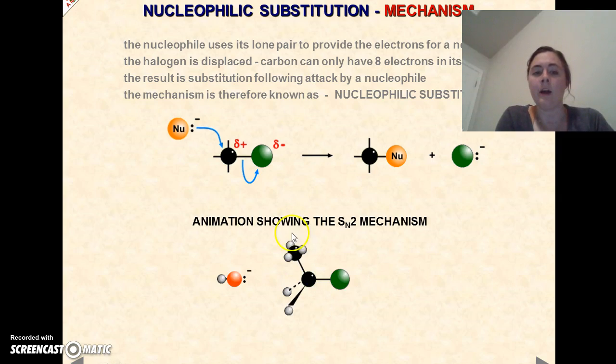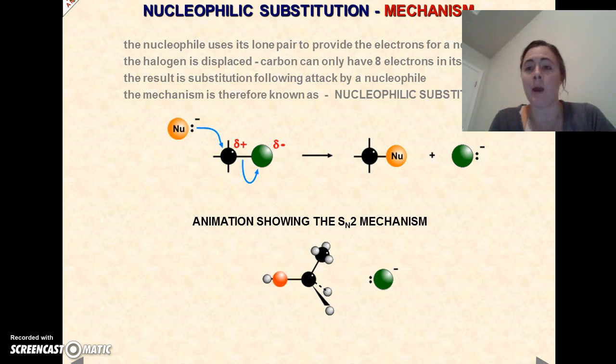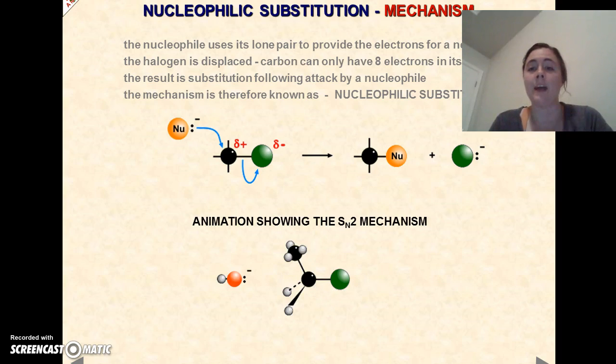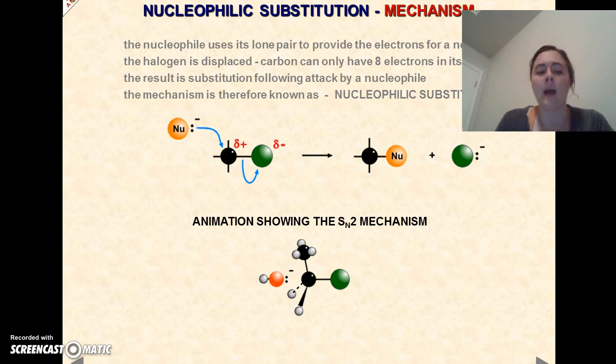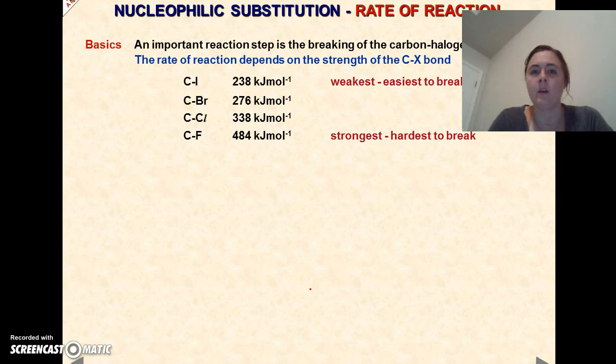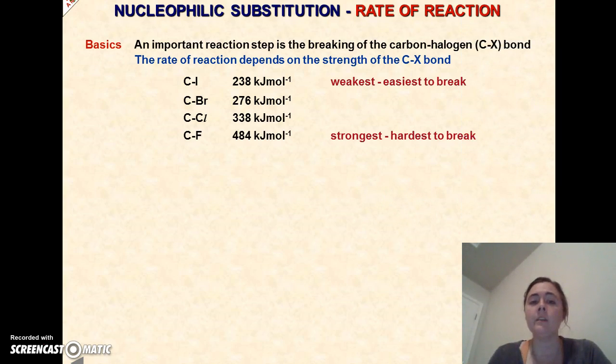This nucleophile is going to approach this carbon, right? You're going to have an intermediate, and then it's going to bounce that halogen off. That's an SN2 reaction. Do I expect you to know this? Absolutely.